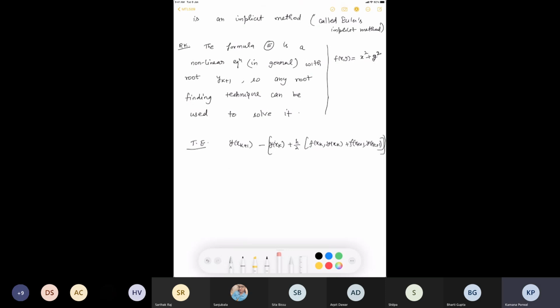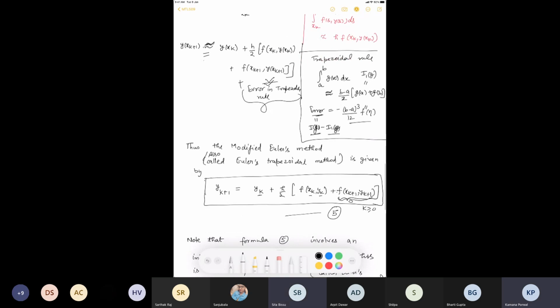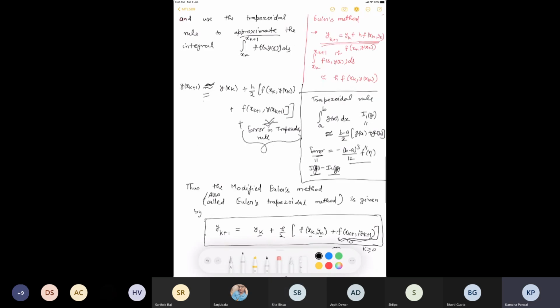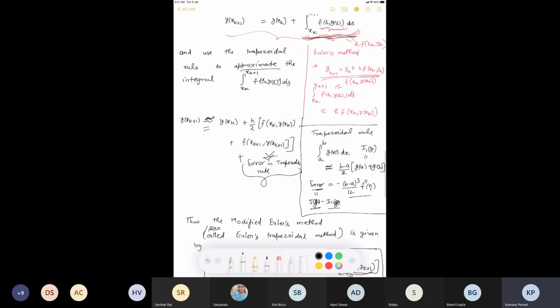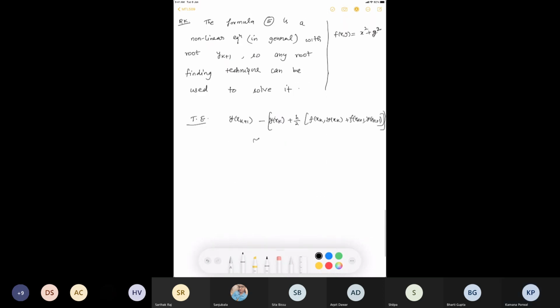Okay? And you can see that it is of order, what is the error? It is b minus a, the length of the interval where you're applying the trapezoidal rule, whole cubed, right? The length of the interval is xk plus 1 minus xk, which is nothing but h. So it is going to be of order h cubed, right?